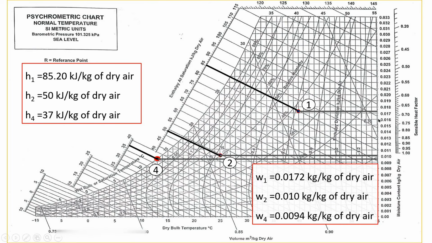For point 1, W1 is above 0.017, so W1 is 0.0172 kg per kg of dry air. For point 2, W2 is 0.010 kg per kg of dry air, and for point 4 it is between 0.009 and 0.010, so W4 is equal to 0.0094 kg per kg of dry air.